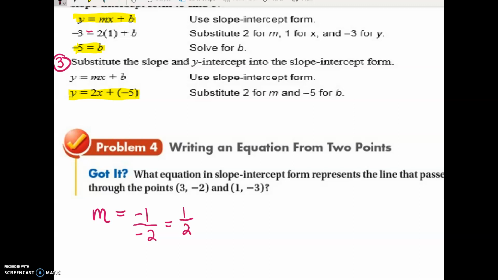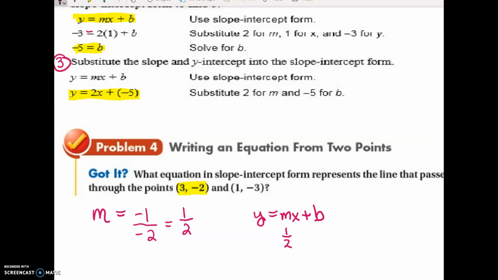Next, we're going to solve for our y-intercept. I'm going to take the formula y equals mx plus b, and I'm going to plug in my 1/2 here for m, and then I'm going to pick one of the points to plug in for x and y. It doesn't really matter which point you choose. I'm going to just use the first point here.